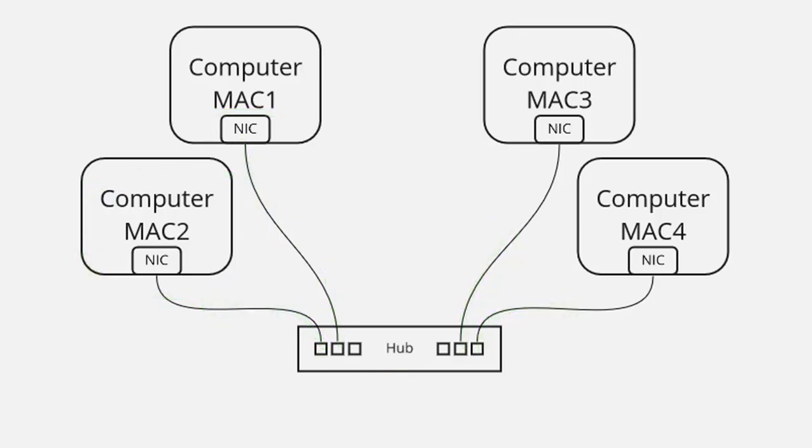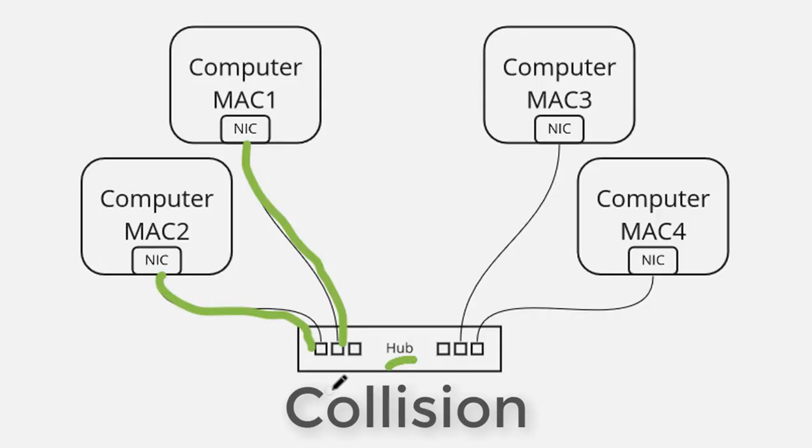The other negative side effect that comes with a hub is, let's assume that two computers are trying to send traffic simultaneously. The hub really can't handle that, so that'll result in what we call a collision. A collision is basically the hub saying, oh, you two are both trying to communicate at the same time. Nope, can't do it. Try again after a random period of time.